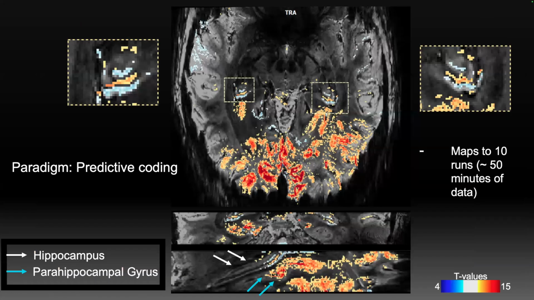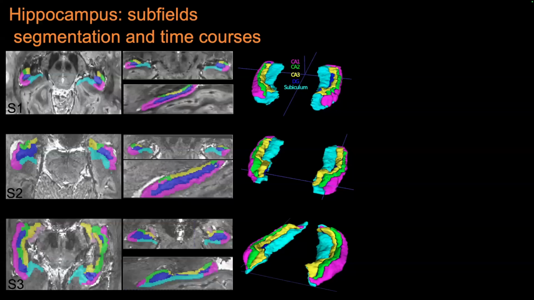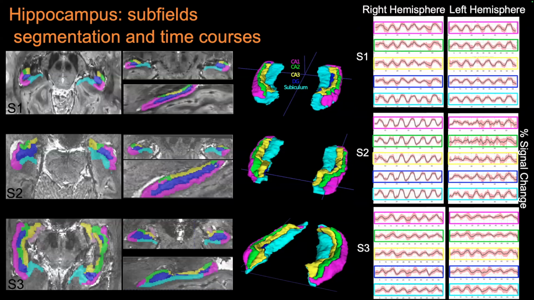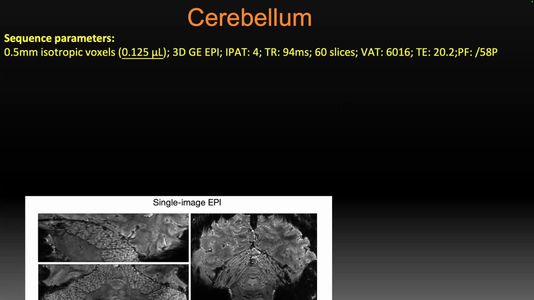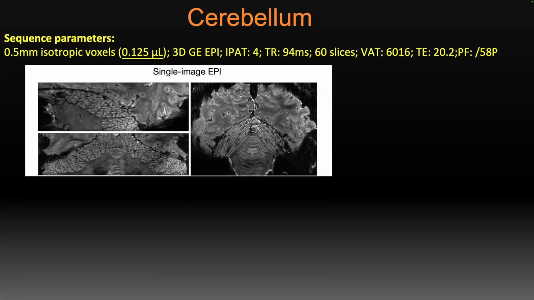Just very quickly, we are very interested in hippocampus. These are hippocampus data from 10.5 Tesla, where activation is incredible and highly reproducible, as you can see. These are divided, hippocampus divided into the sections. And I mentioned to you that we are interested in cerebellum. This is 0.5 millimeter isotropic EPI data, single EPI images from the functional imaging time series.